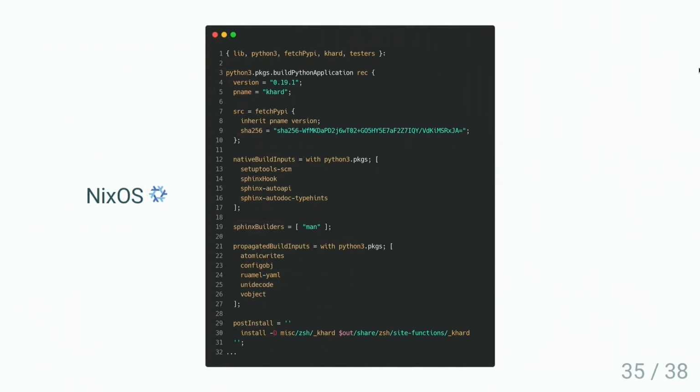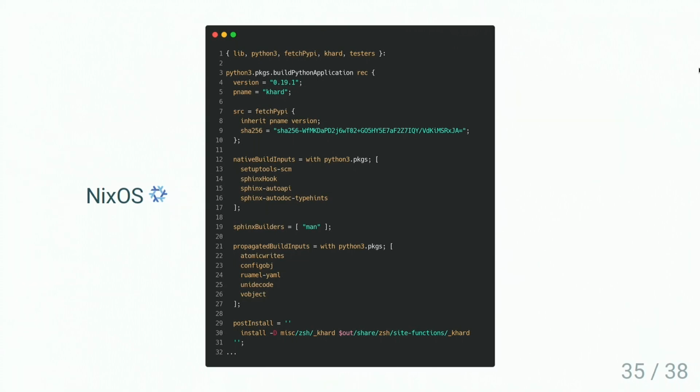Another approach, which I'm not very familiar with, but I think is very interesting: many people have tried NixOS, and they've never gone back to a traditional system. With NixOS, we can just define all the packages that we need and all the configuration that we need, and NixOS will do everything automatically.